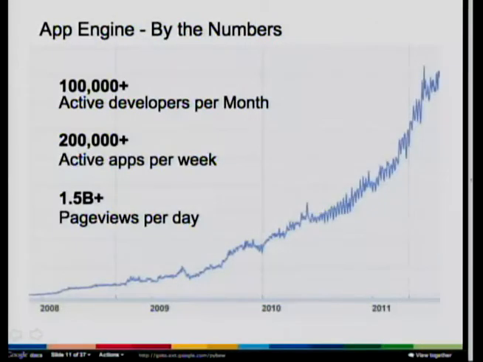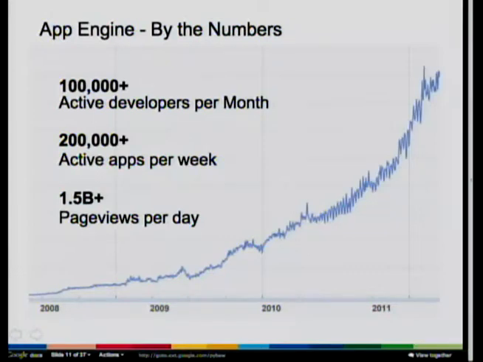So how many people are actually using App Engine? This is a very modest number: 100,000 active developers. The actual numbers are a bit higher, but these are people that are not just using it once and then leaving it. These are people that are actively engaging with the product and consistently updating their applications and essentially becoming successful.